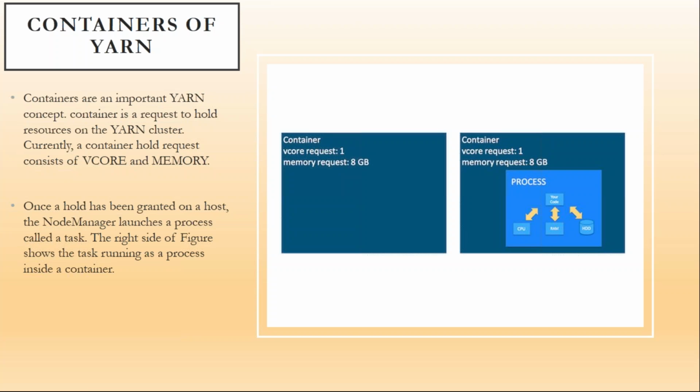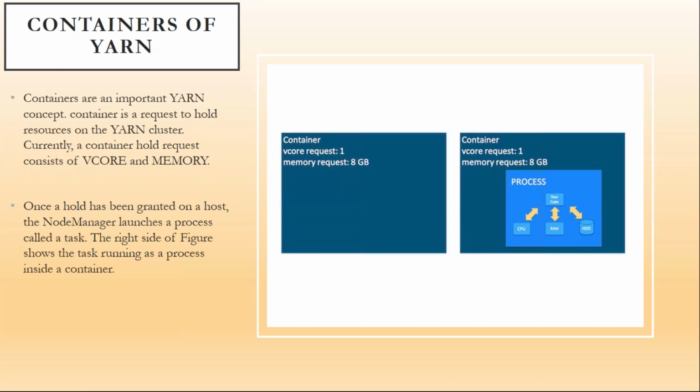Once a hold has been granted on a host, the node manager launches a process called a task. Try to understand. If your container request has failed, the task cannot be launched. If the container request is processed and available, only then the task will be launched.